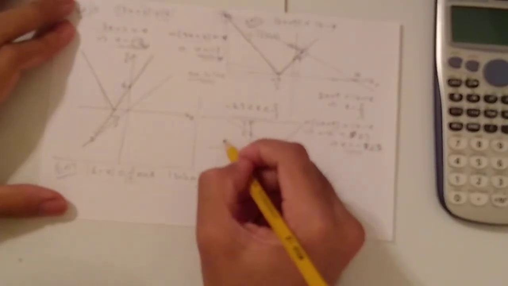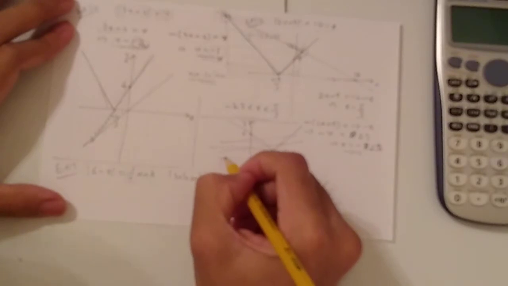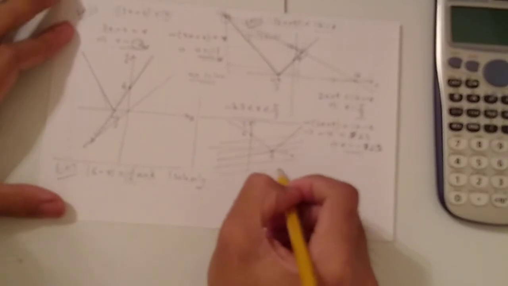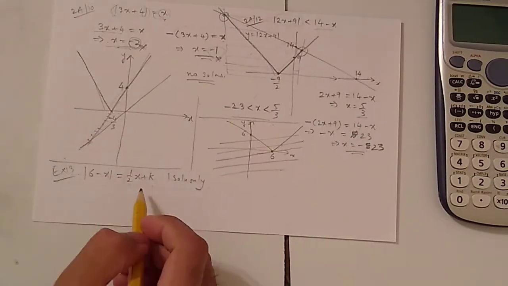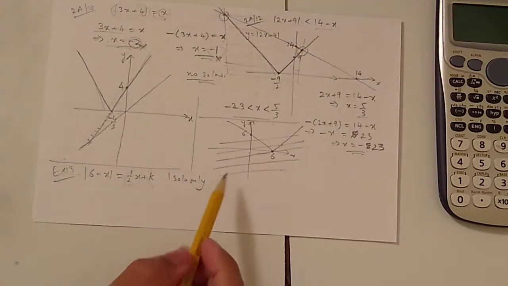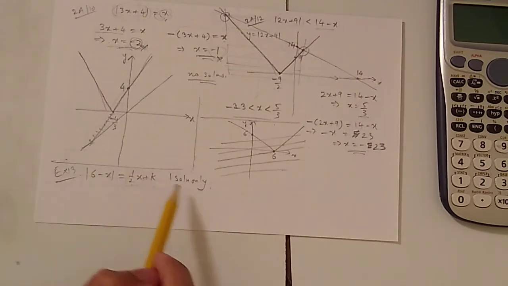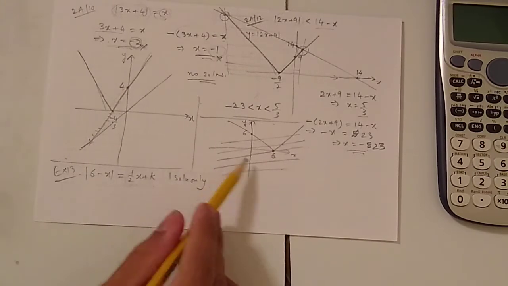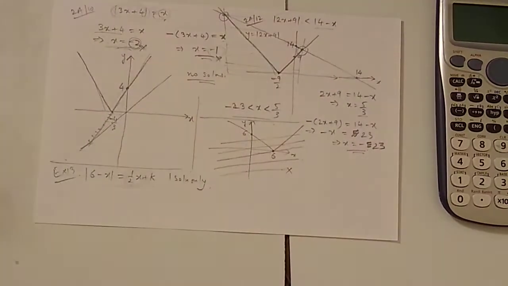So you could have this, or this, or this, or this and this. Now, if this equation has only one solution, it needs to have only one point of intersection. This graph is definitely not the answer, because it does not intersect the other graph.